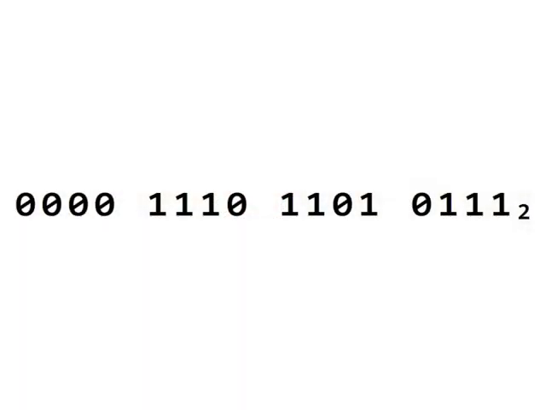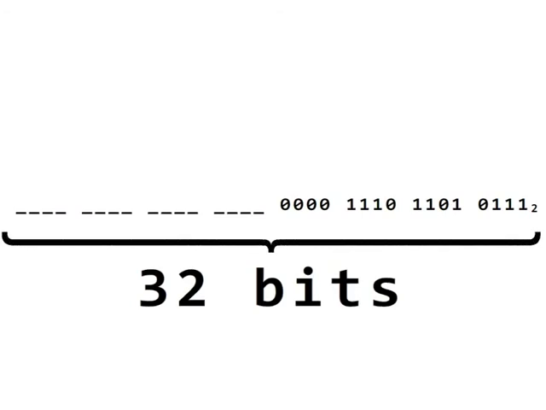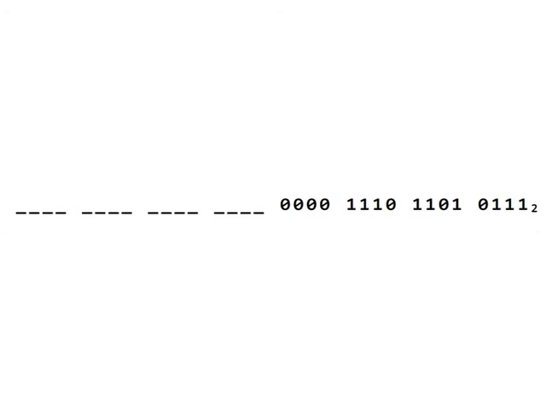Now, within the context of DLX, this extension will always be applied in order to reach a length of 32 bits, but we can demonstrate the utility of zero extension by only converting a 4-bit number to an 8-bit number. This number is equal to 11 in base 10.